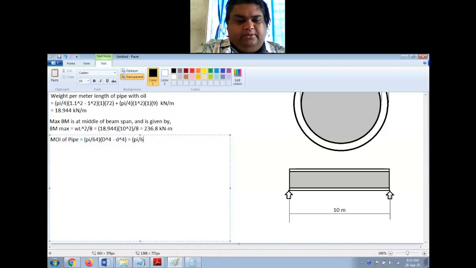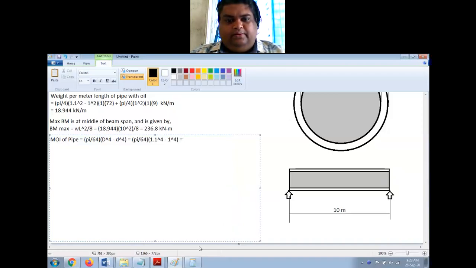Pi by 64 into D is 1.1 raised to 4 minus d is 1 raised to 4. I'll put it in meters; this is also in kilonewton meter, so I can keep it in meters also.